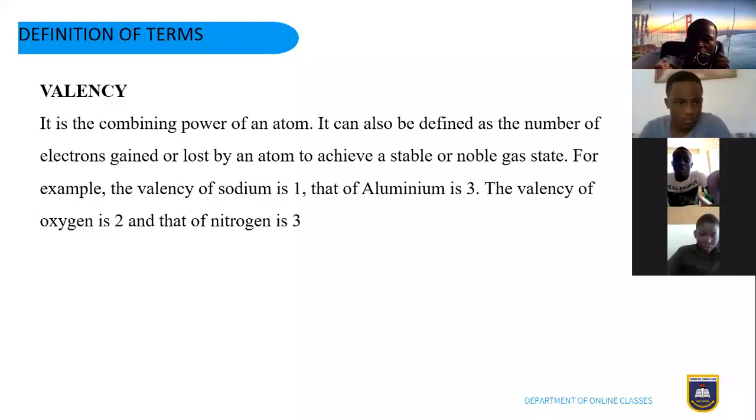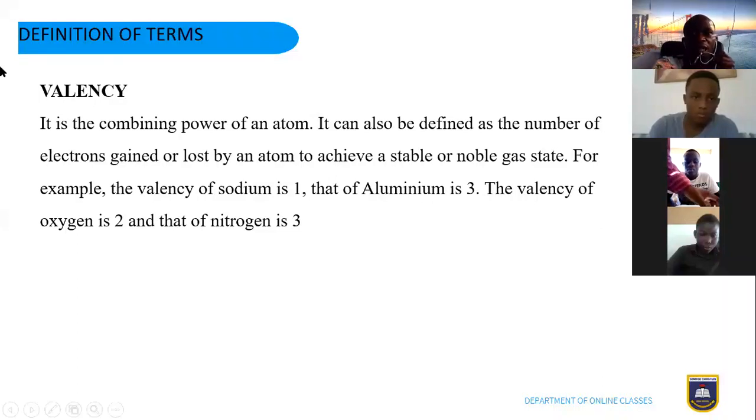The JHS configuration, you've been writing 2, 8, 3 for aluminium. That 3 electrons in the valence shell of aluminium makes aluminium unstable. So aluminium will want to get rid of those electrons so that it can be stable. It then behaves like the noble gases.